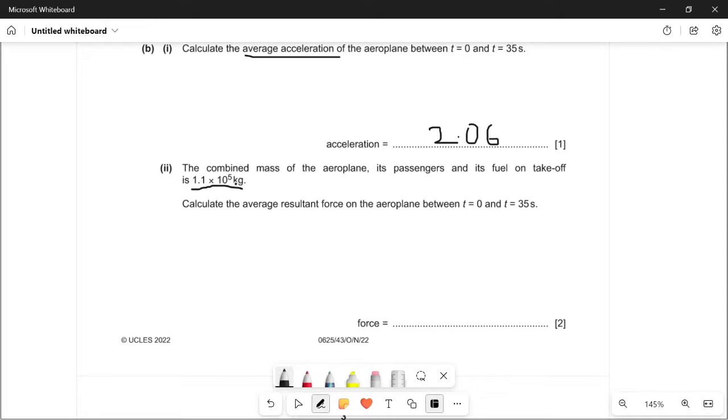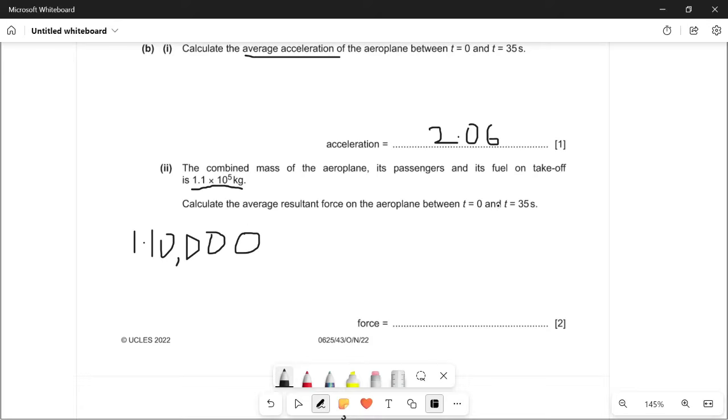So 1.1 times 10 to the power 5 is basically 100,000 times 1.1, and it's going to be 4 zeros. So 110,000. This is going to be the mass.